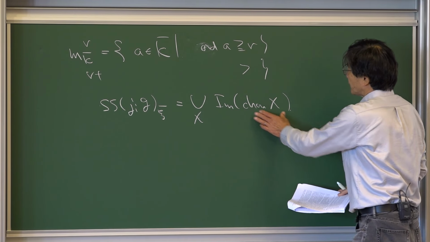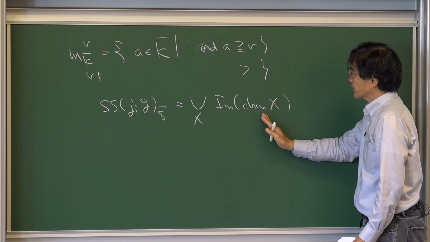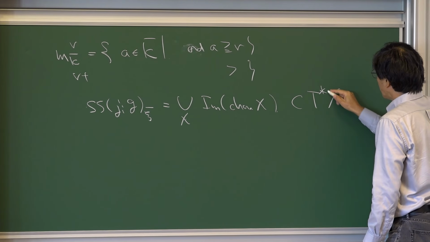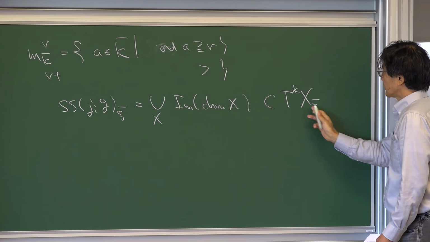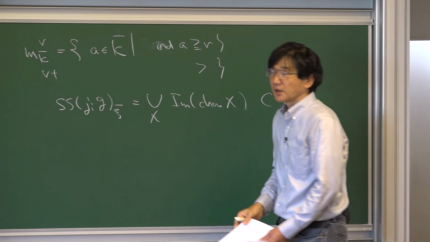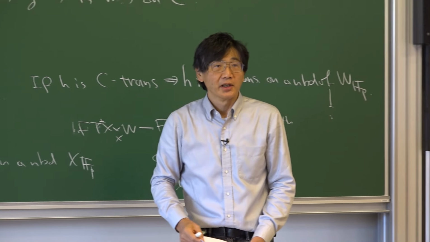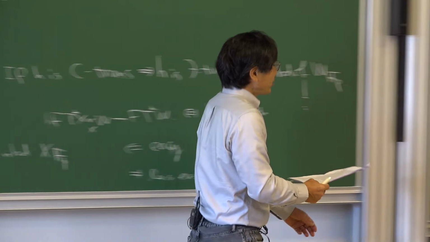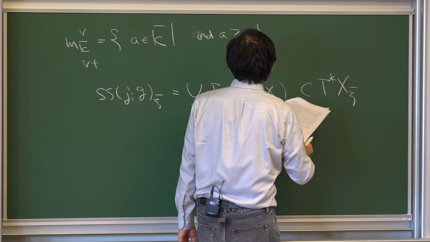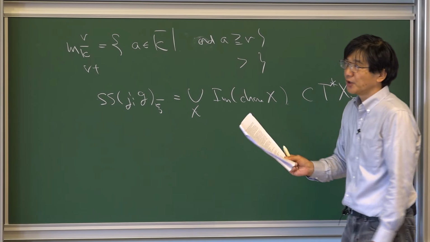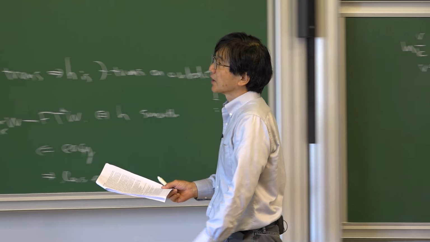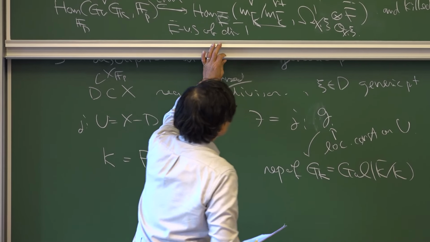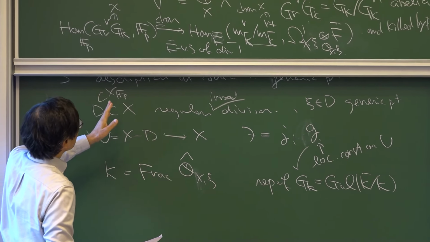So this is a rank 1 vector space in the fiber of this cotangent bundle. So in the geometric case, we have such a description of singular support in terms of ramification theory. We want to have something analogous in the mixed characteristic case.